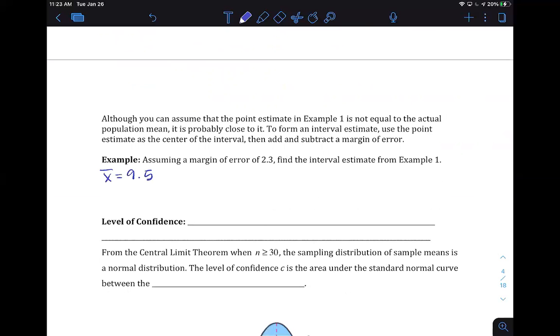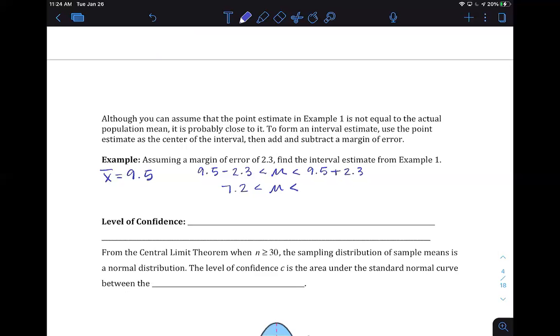Okay, so we're going to take 9.5 minus that error, 2.3, and that's going to be less than our population mean, which is going to be less than 9.5 plus 2.3. Well, 9.5 minus 2.3 is 7.2, which is less than our mu, or our population mean.